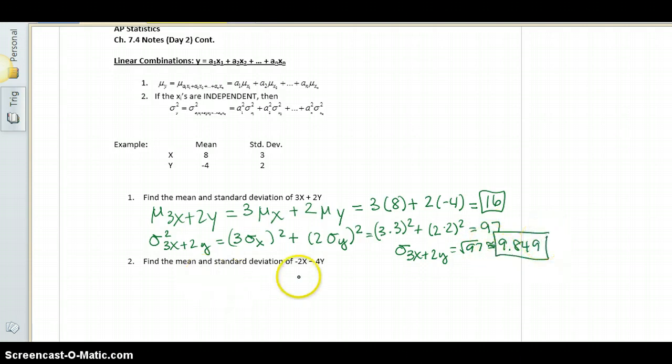One more example, find the mean and standard deviation of negative 2x minus 4y. So the mean of negative 2x minus 4y. With these problems, if the second term is a negative, it's best to change that to plus a negative. So it's going to be negative 2 times the mean of x plus negative 4 times the mean of y.